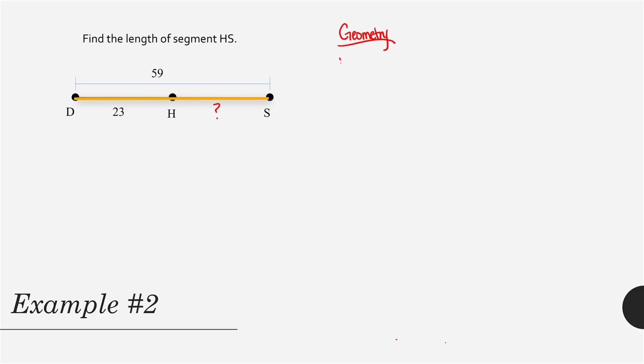So the whole length, the entire long segment DS, equals the 2 smaller segments added together. We know this. We said our reason was segment addition. Okay. So because we have segment addition, we can write this statement out.